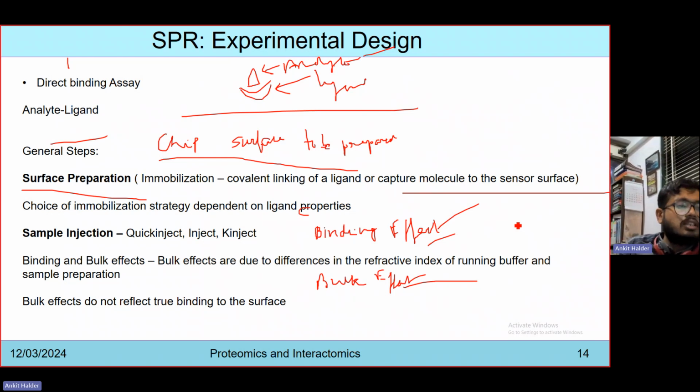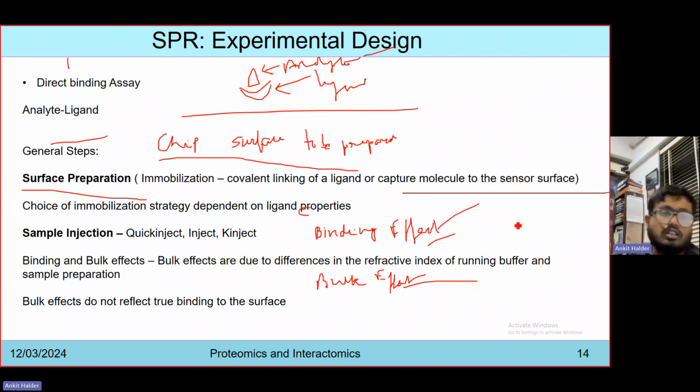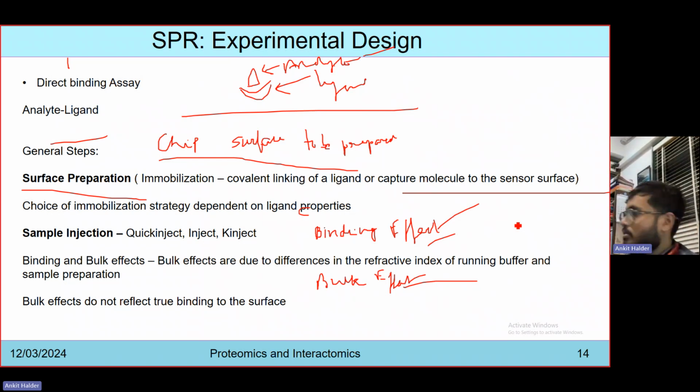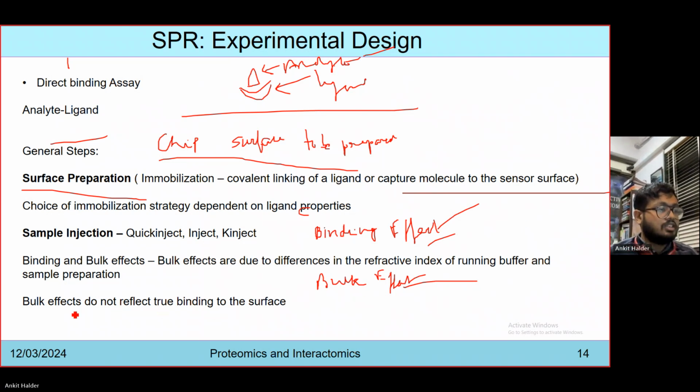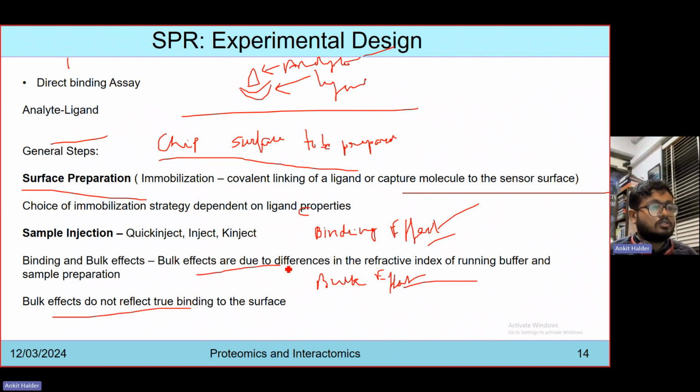The bulk effects are due to differences in the refractive index of the running buffer and sample preparation.